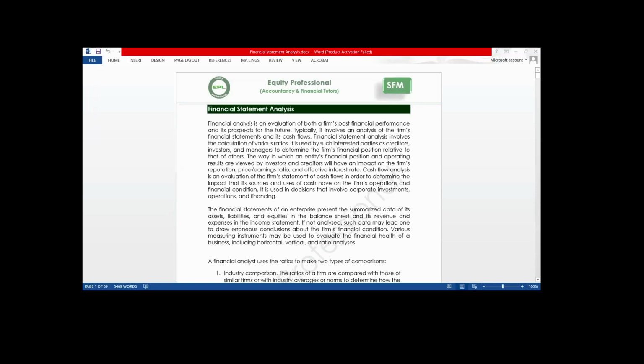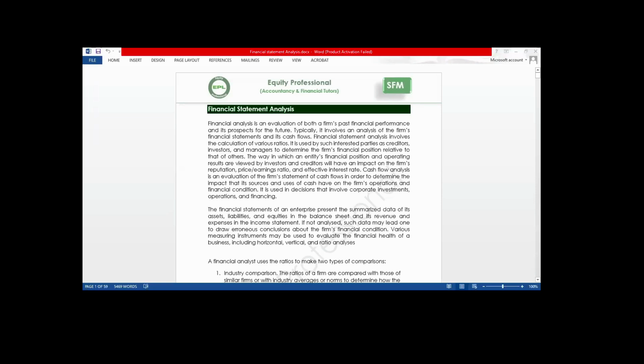To carry out this analysis, we have different tools or different instruments that can be used. You can use horizontal analysis, otherwise known as trend analysis. Under horizontal analysis, we compare the financial result of 1 year with the financial result of another year.